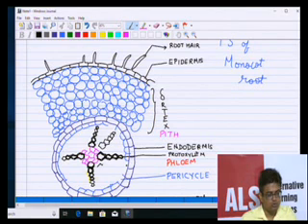I am going to draw a total of 8 vascular bundle patches here. Okay, that is what I am going to draw over here. One, two, three, four, five, six, 7. 1 remains.